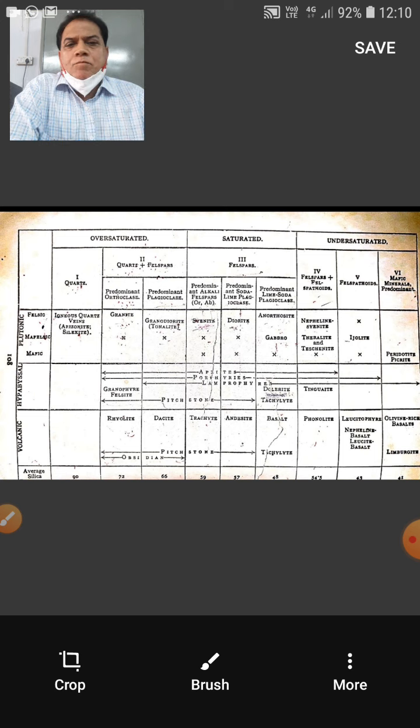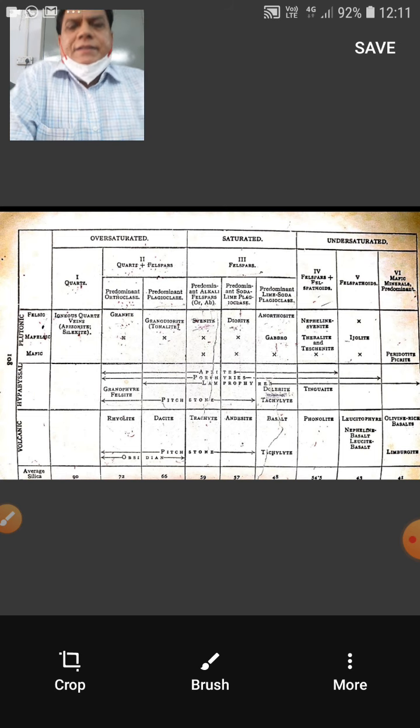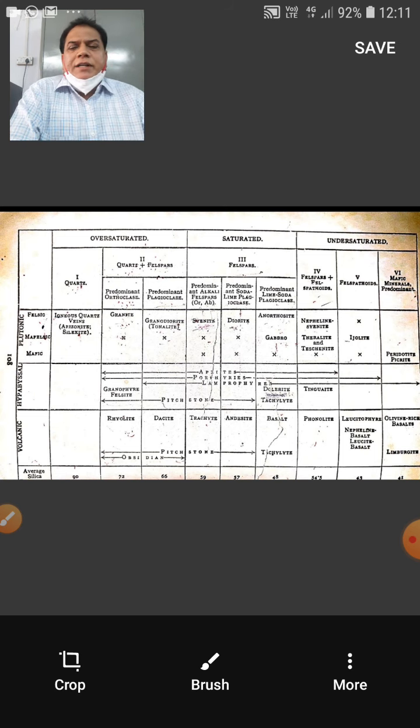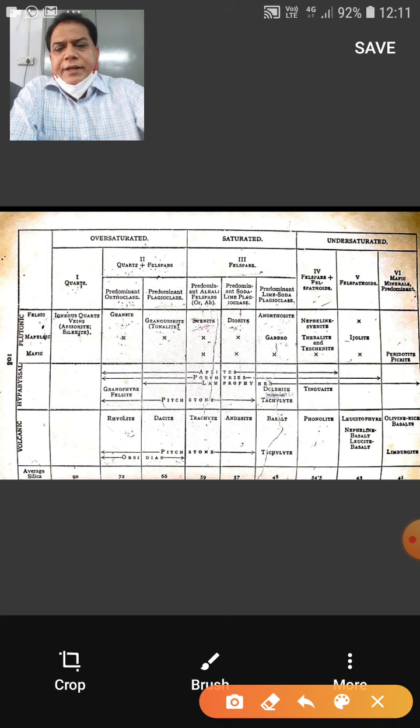Tyrrell. You all know that there is a very good book by G.W. Tyrrell, Petrology for Students, which is, you can say, in short the Gita of igneous petrology. In that, he has given this tabular classification and he has incorporated, or you can say taken together, the different factors as the basis of classification.